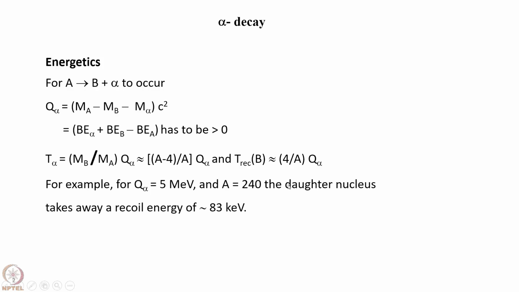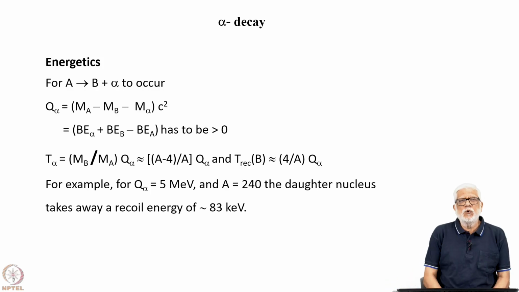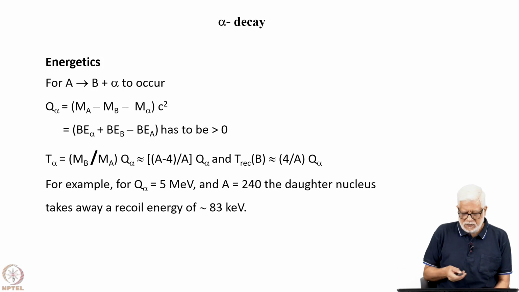Okay, so first of all, let's look at the energetics in alpha decay. For a nucleus A to decay into B plus an alpha particle, of course the energetics has to be right. In other words, the Q value, which for alpha decay is Q alpha, has to be greater than 0. What is this Q alpha?